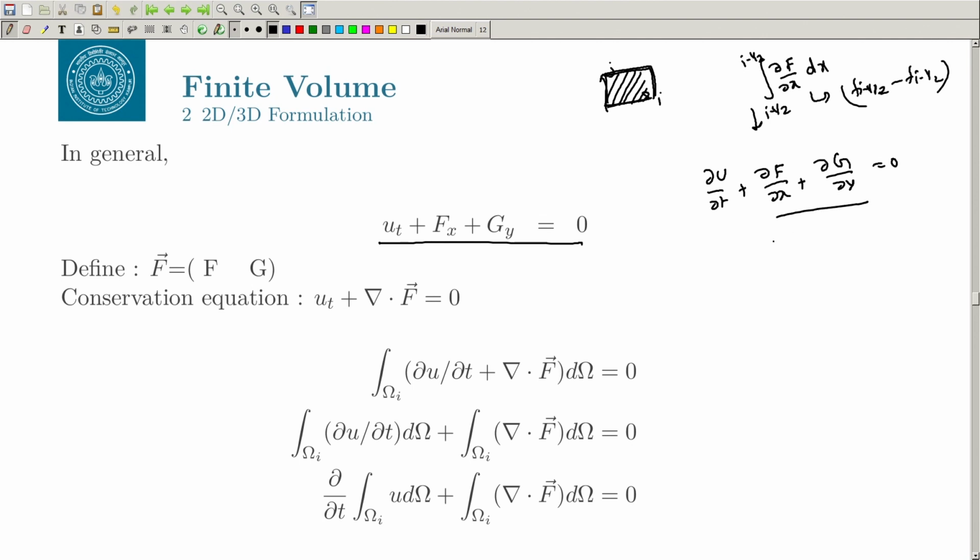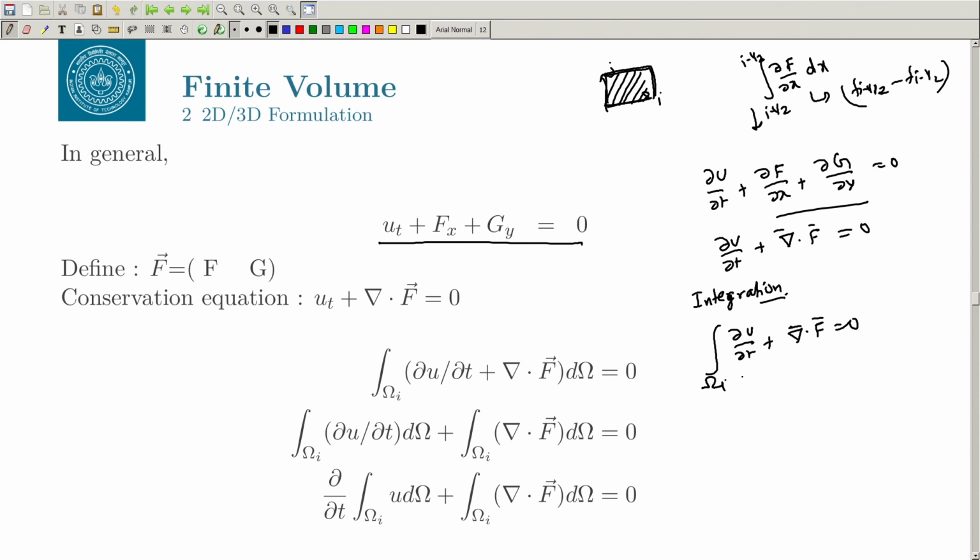So, what we can do, we can write this as del u by del t plus del dot f is equal to 0, and like we did for 1D, we will use integration in 2D also, in each cell, right. So, now it is del u by del t plus del dot f equal to 0, we will integrate it around the cell.